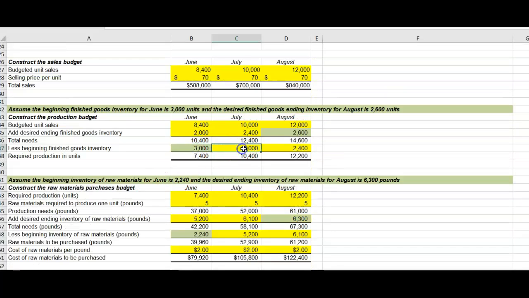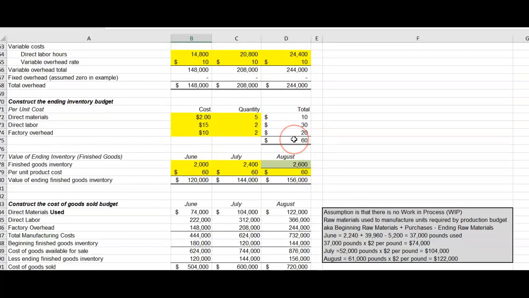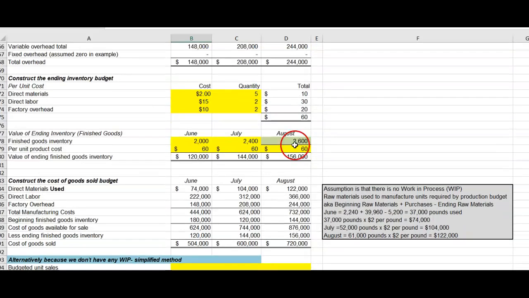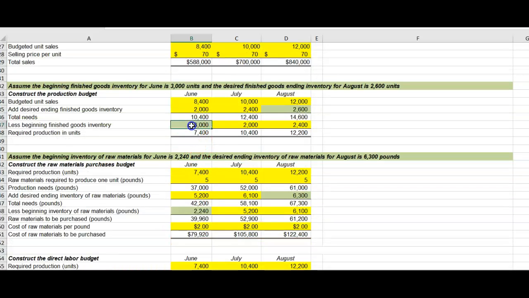This is the number of units that we needed for our beginning inventory. So we're going to take this number in units and multiply that by the cost of each unit. And that's what we're going to put down here for our beginning finished goods inventory. So there's 180,000 right here, and all of these figures are based on $60 per unit, and then we just multiply that by our beginning finished goods inventory from our production budget.